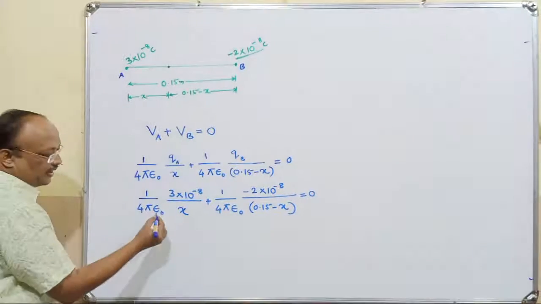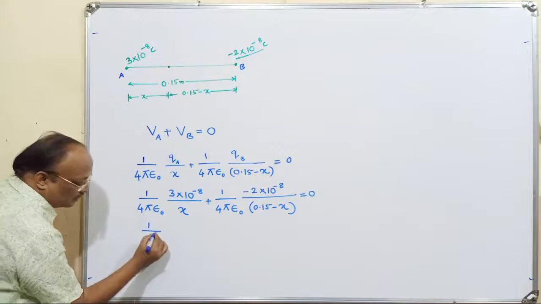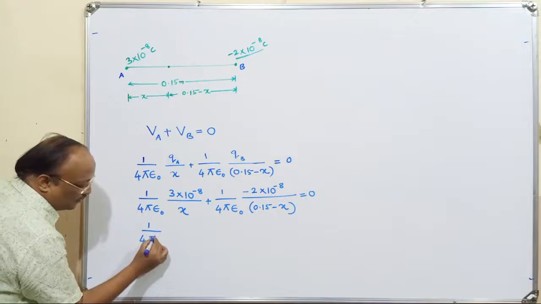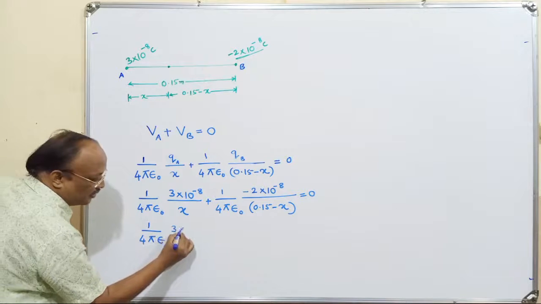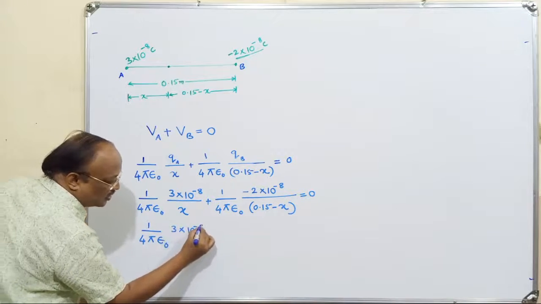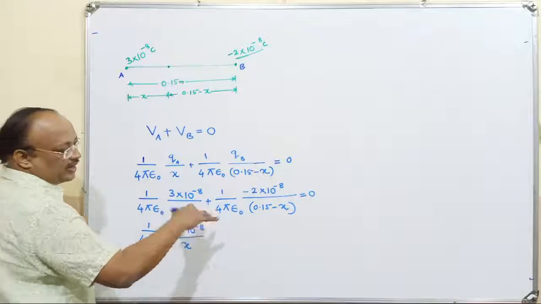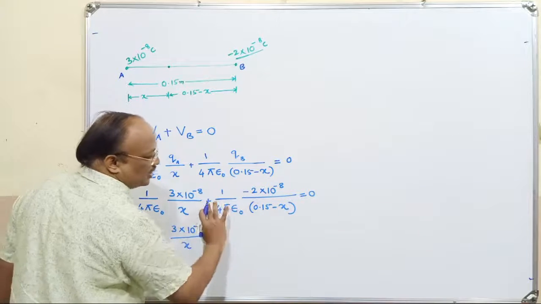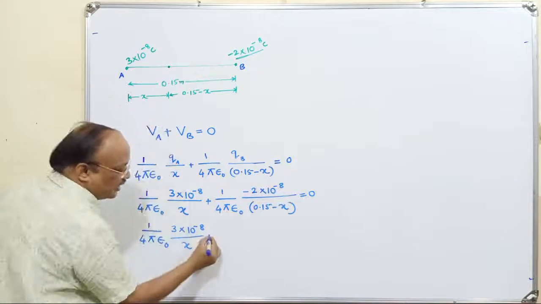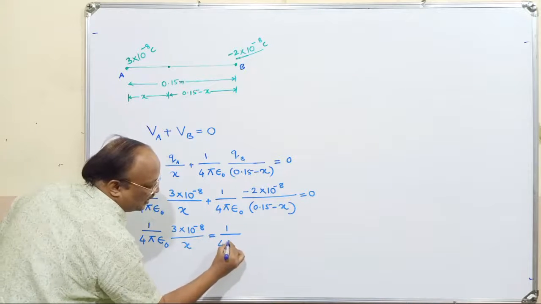So if we take 1 by 4 pi epsilon naught, 3 into 10 to the power of minus 8 by x, to that side, this plus becomes minus, and that is equal to 1 by 4 pi epsilon naught.